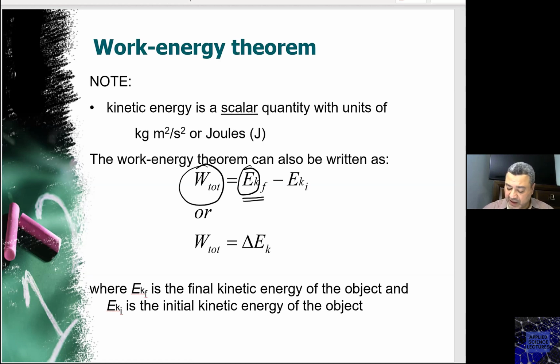Then we can say that the total work that has been done on an object equals the difference in the kinetic energy between the final and the initial, where the force was applied on that object. So if the kinetic energy is increasing, then definitely this means that the speed is increasing. If the kinetic energy is decreasing, this means that the speed is decreasing.